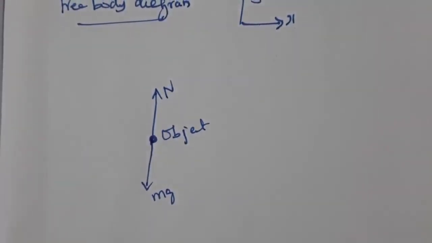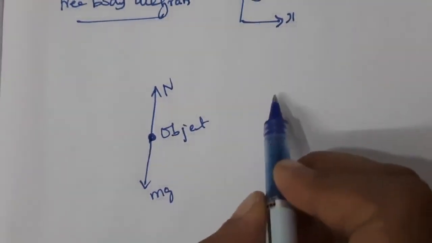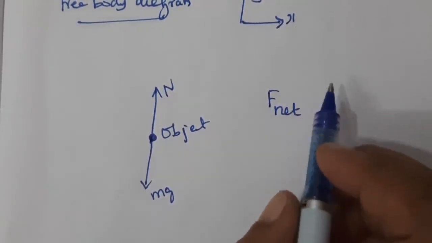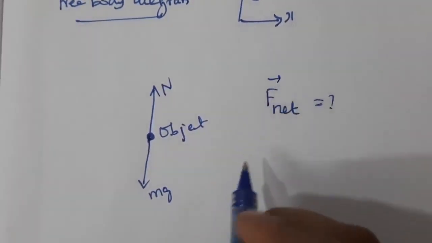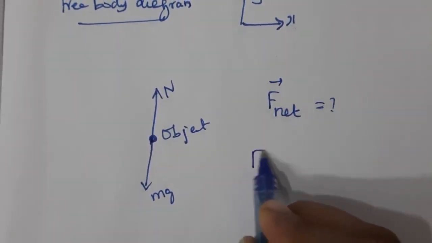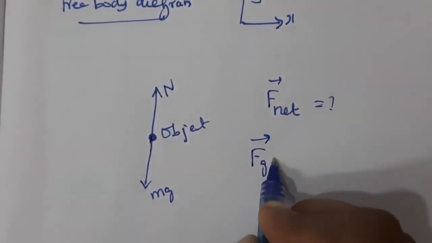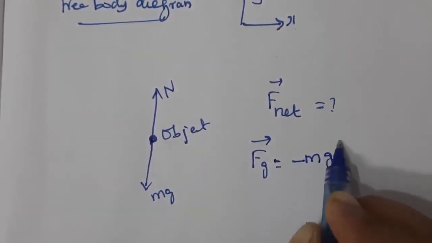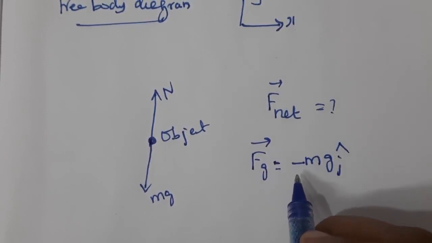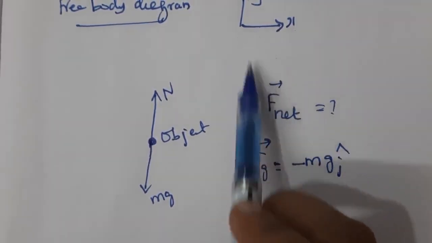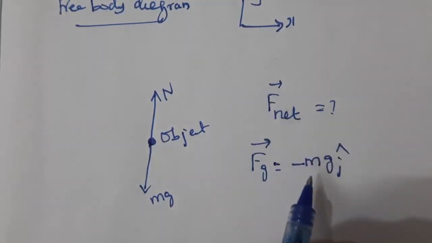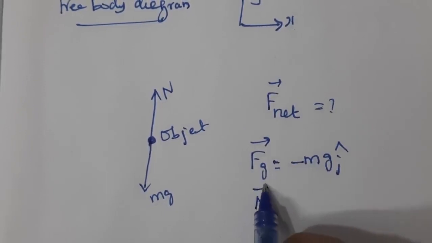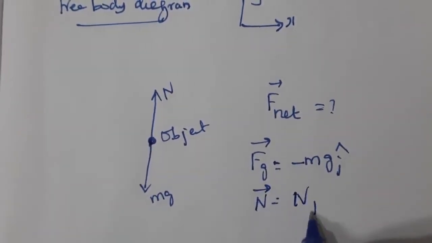Here we can write the equation for the net force. How can we calculate the net force? First we can write the gravitational force, F gravity, is equal to minus mg j cap. Why is this a minus sign? Because gravity is acting downward, that is in the negative y direction. And the normal force, that is the N vector, can be written as N j cap.